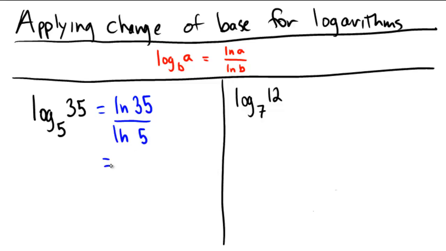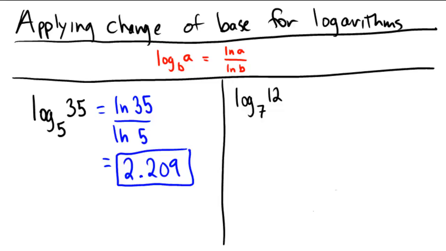Grabbing a calculator, ln of 35 divided by ln of 5 is 2.209, rounded to the thousandths place. I thought it would be bigger than 2 and less than 3, so that's right within my intuition.